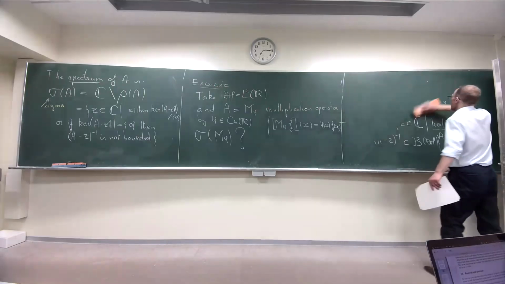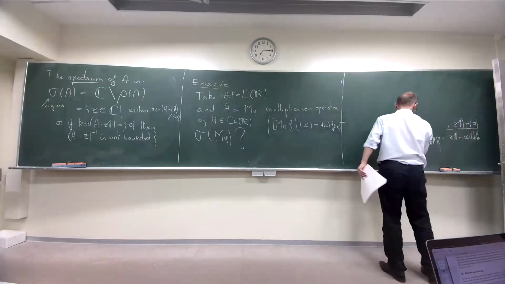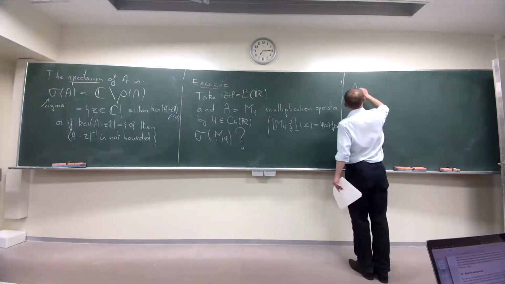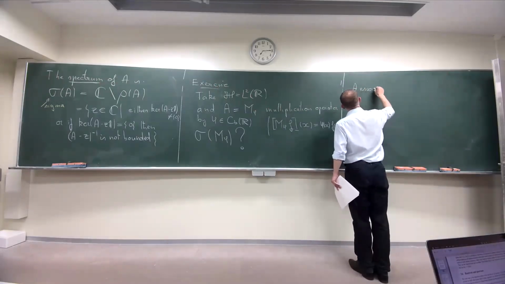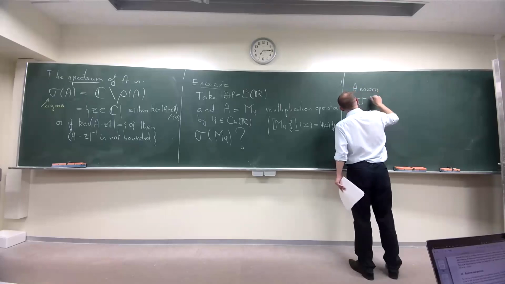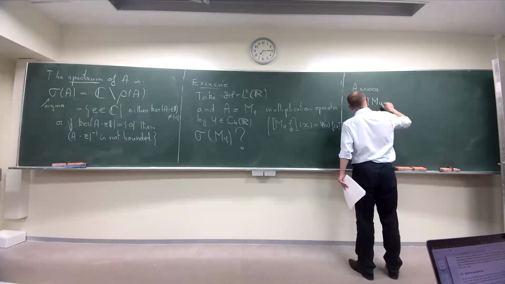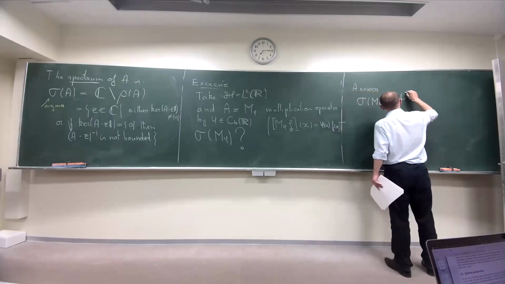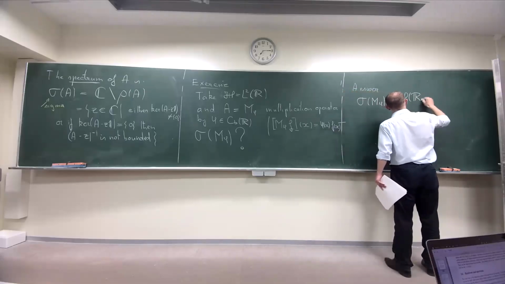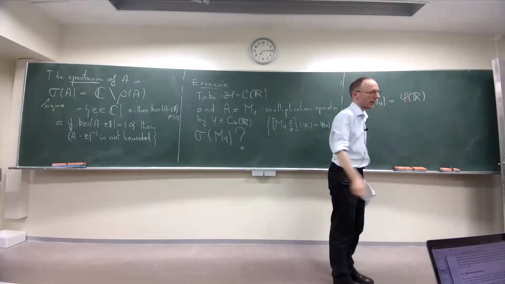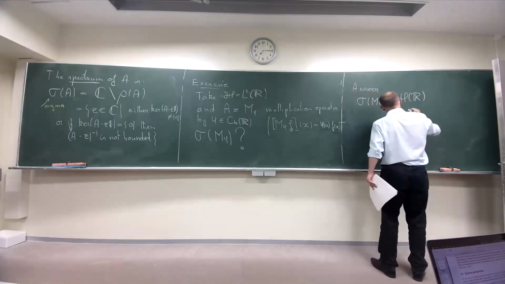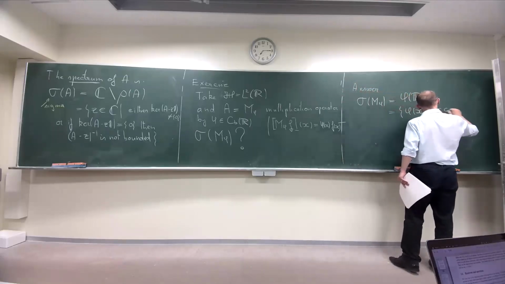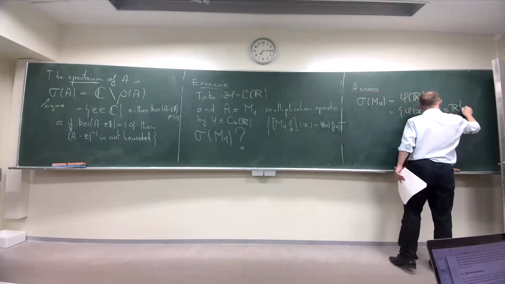I give you the answer, but HeavyDo is going to prove it. The spectrum of M phi is, there are different ways of writing, phi of R. But what does phi of R mean? It is the set phi of x for any x in R. So it's an image.